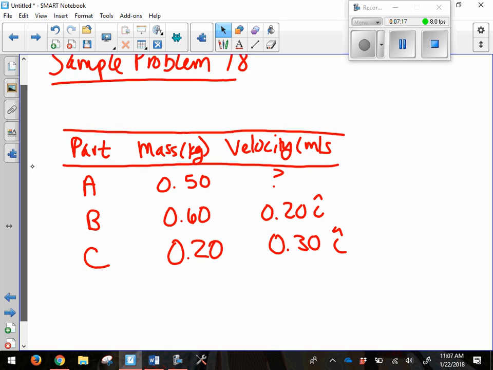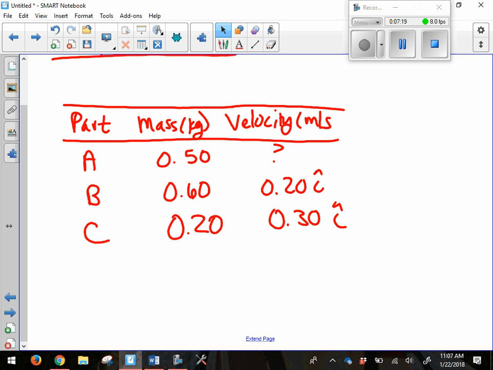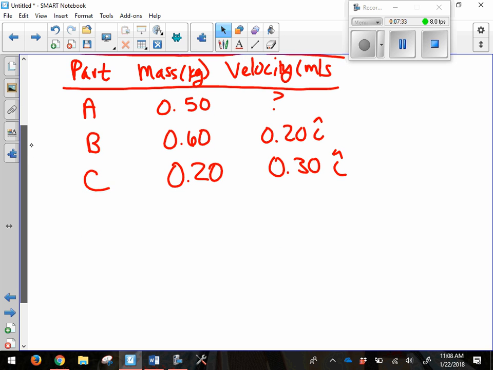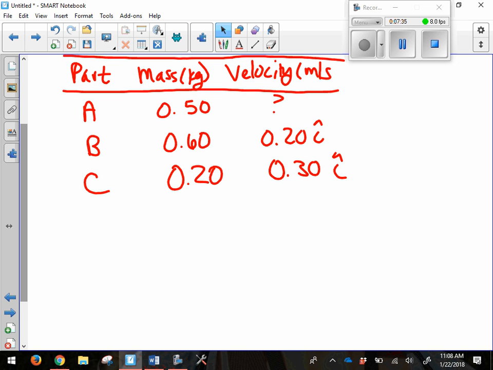Okay, so it's really important when you're doing momentum problems to draw a picture, so that you know what before is, you know what the event is, and you know what after is. So everything is moving along the x-axis because all of the vectors have a unit vector i.